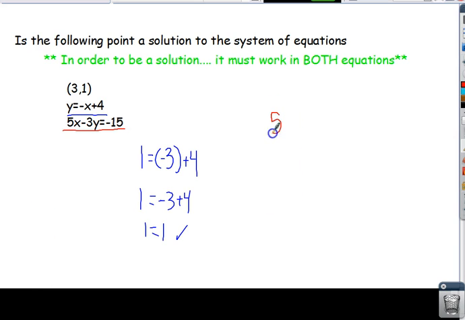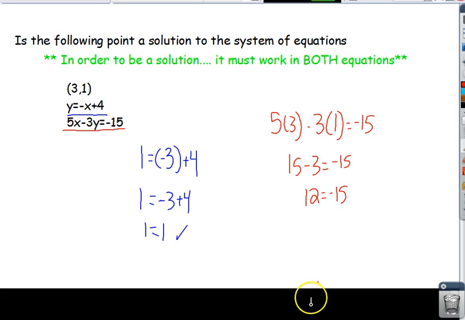So I put x being 3 and y being 1 in here. I get 15 minus 3 equals negative 15. I get 12 equals negative 15. Wait, hold up. Hey, no it doesn't. That's wrong. That's sad.